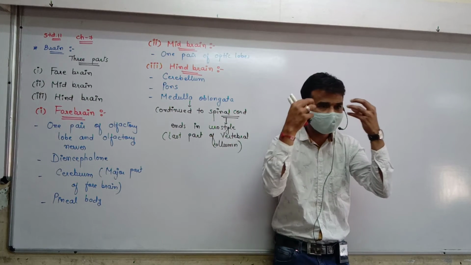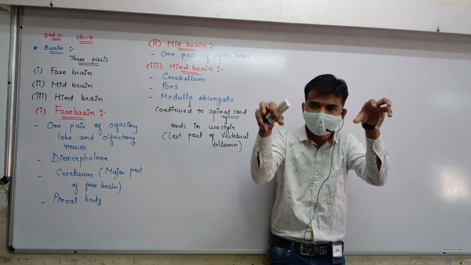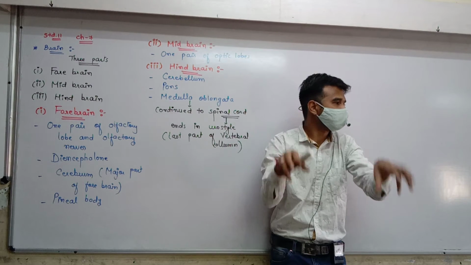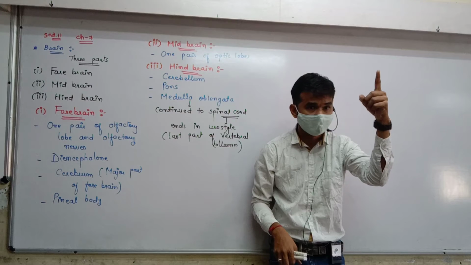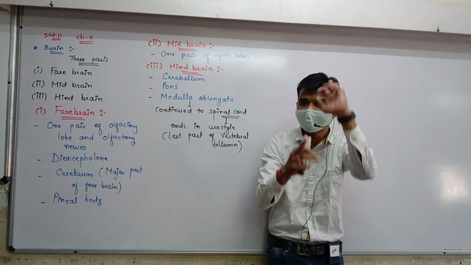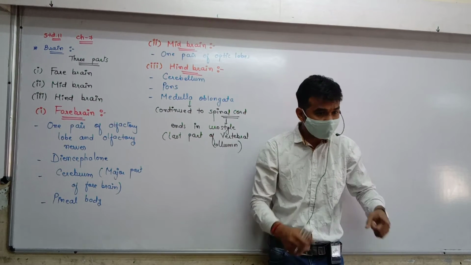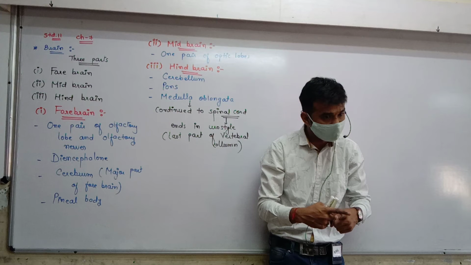In frog on the skull, two optic cavities are there, and these two optic cavities consist of optic nerves, originating from the ending of the eye. You know that both the retina join together and form the optic nerve. This optic nerve overlaps with each other and forms the optic chiasma.